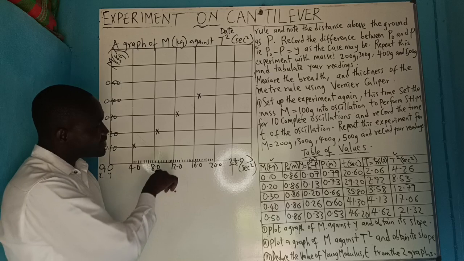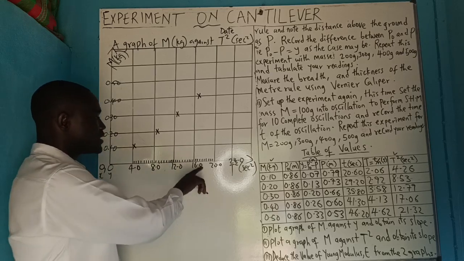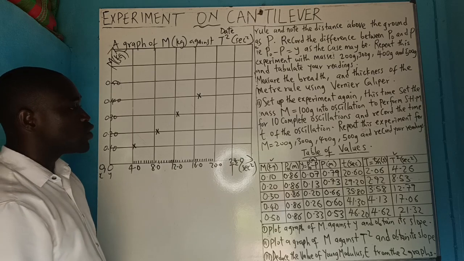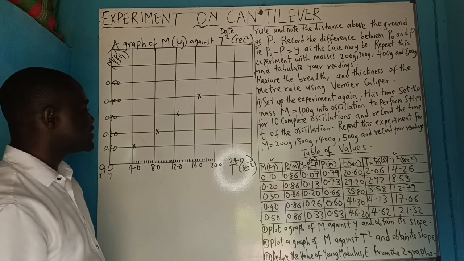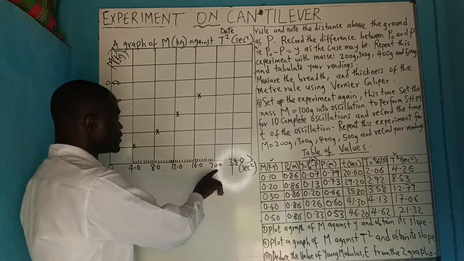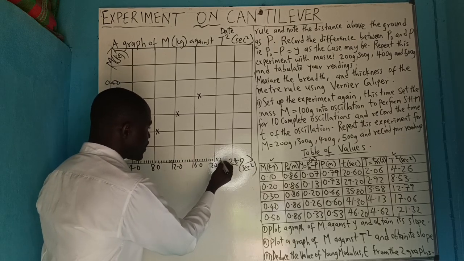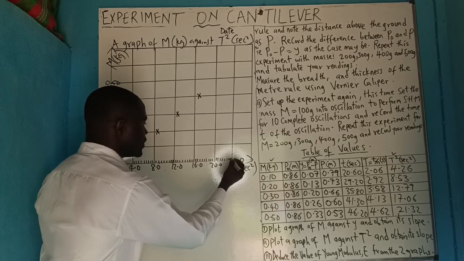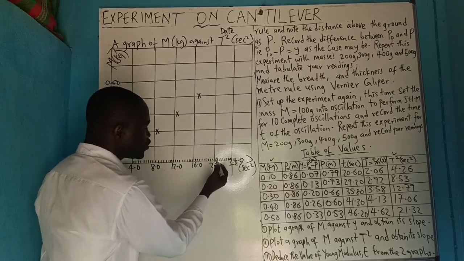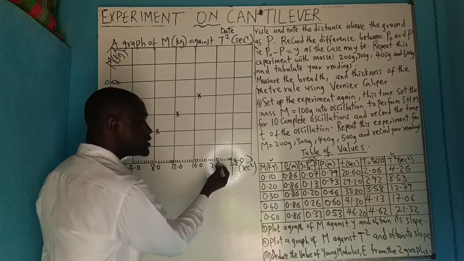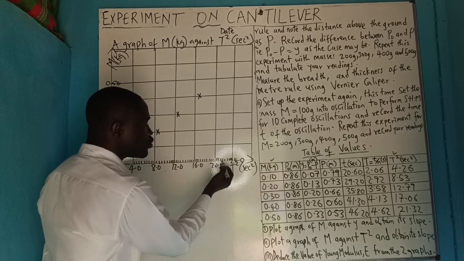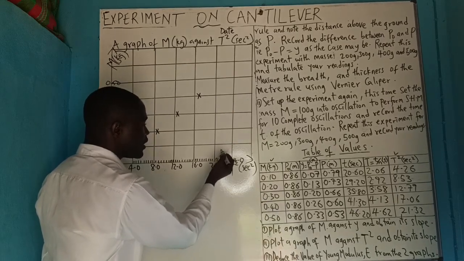It should be a bit less than 17.2, because what we can read is 17.2, not 17.06. Then 21.32. This is 20, 20.4, 20.8, 21.2, 21.6. So around here.